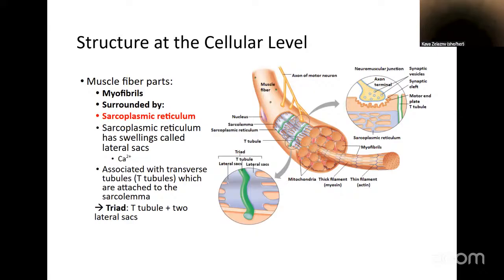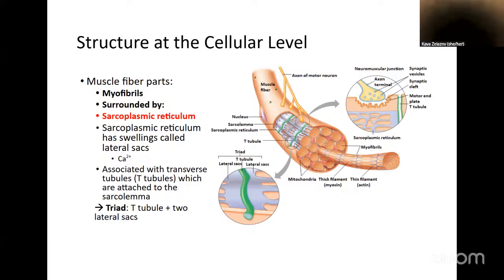fiber. Okay. So looking inside our multinucleated muscle fiber, muscle cell, we're going to see structures called myofibrils, right? So more long threads inside this cell called myofibrils that are surrounded by this structure called the sarcoplasmic reticulum.